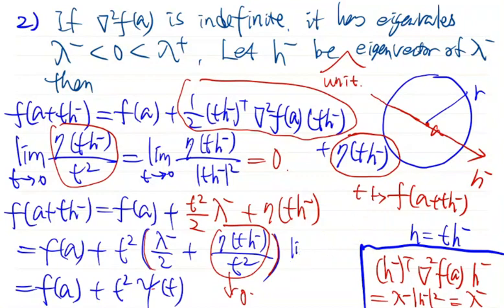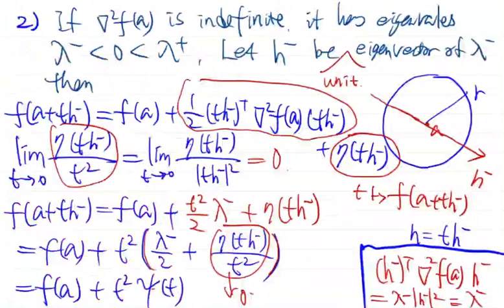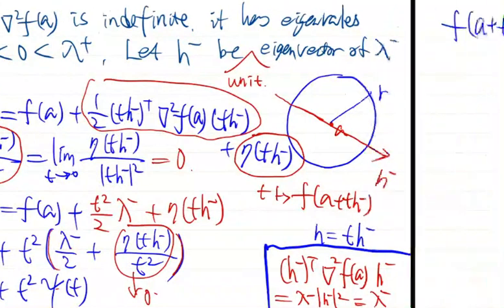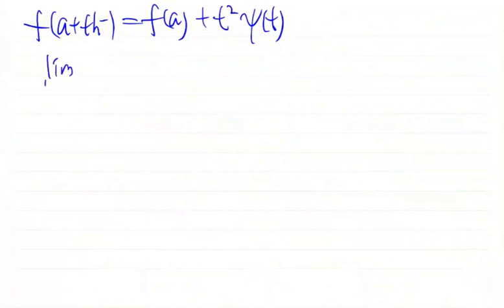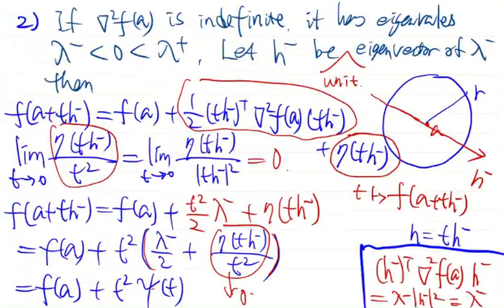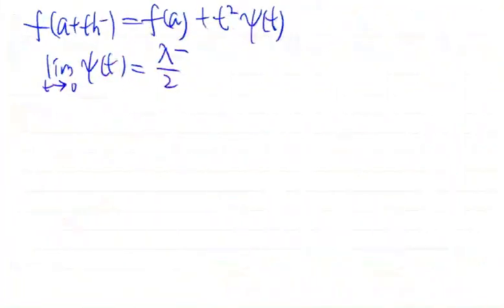Remember what we have arrived at? f(a + t h minus) equals f(a) plus t square psi(t), where the limit of psi(t) as t goes to 0 is half of lambda minus, right? Yes, and this is negative.